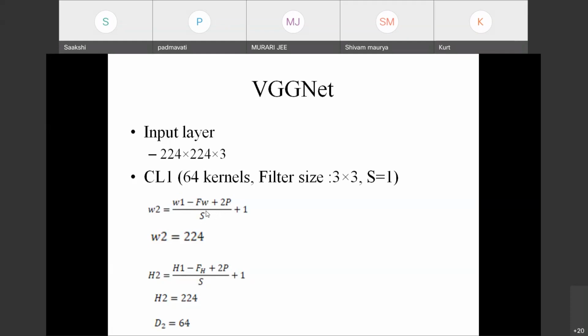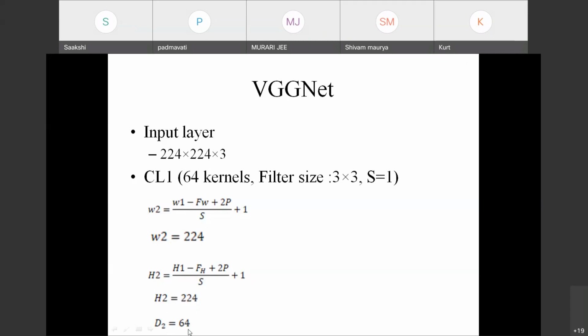You can cross check with all these values. 224 minus 3 plus 2 divided by 1 plus 1 comes out to be 224. This is the width of my output volume when I apply the first convolution operation. Similarly, height can be computed by placing the values, and you will get the height as 224.